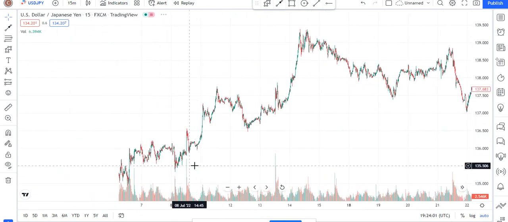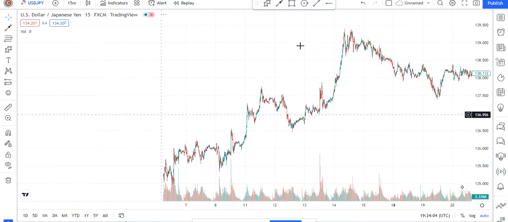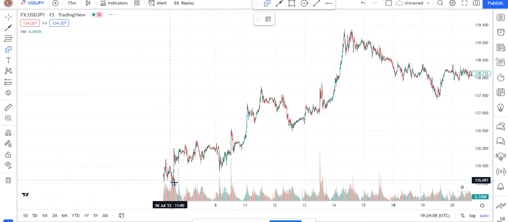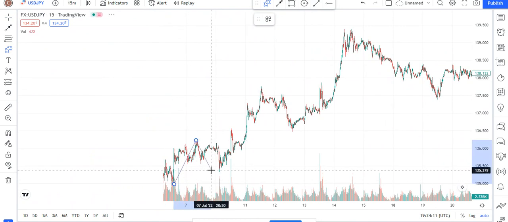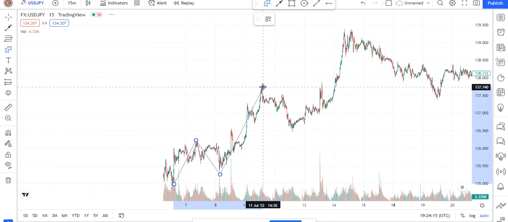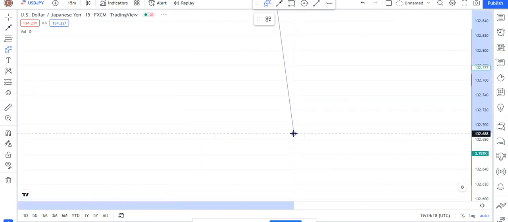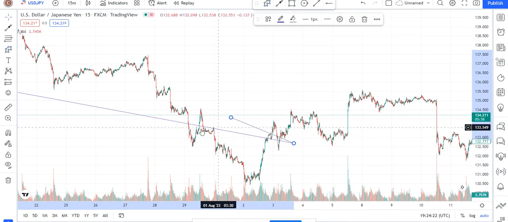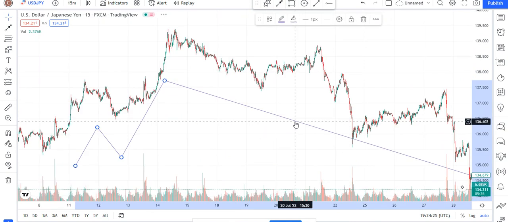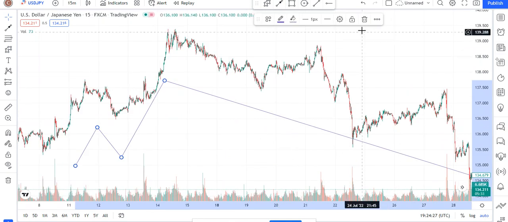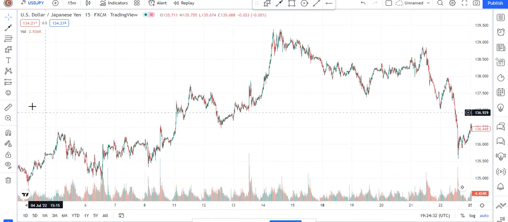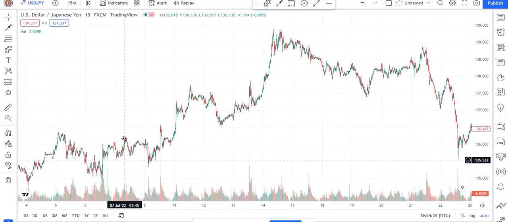All right. So in this place now, we have the price making higher highs and higher lows. So we have a point in price. It makes a high, a higher low, a higher high, a higher low. Let me just zoom in here, not stress myself.